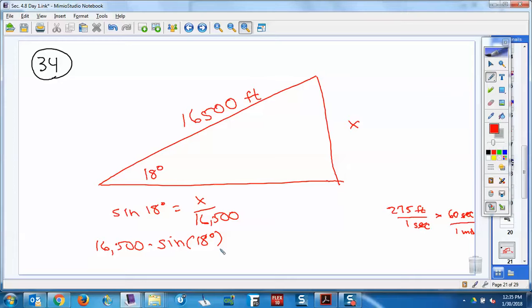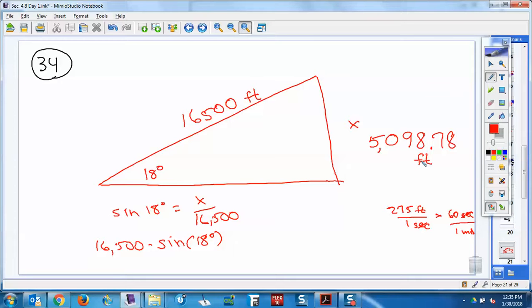But from there, if you can just in your head say I'm going to multiply there, and then do it on your calculator, I'm okay with that. That would be the altitude of the plane. What do you get? 5,098.78.